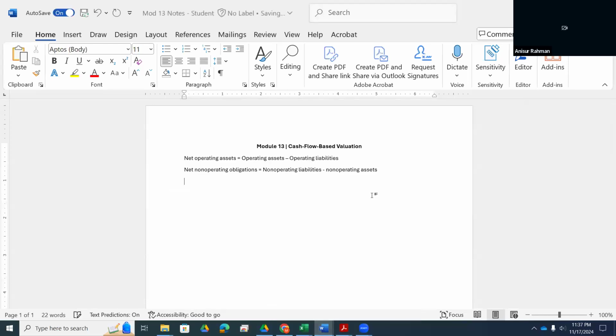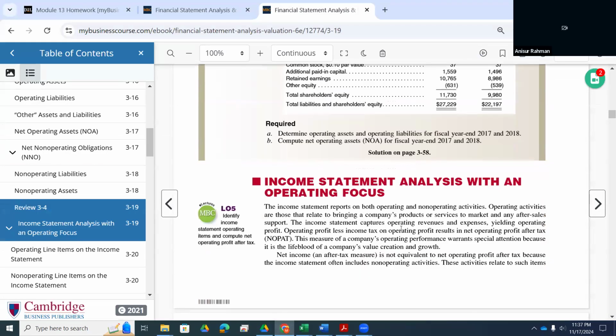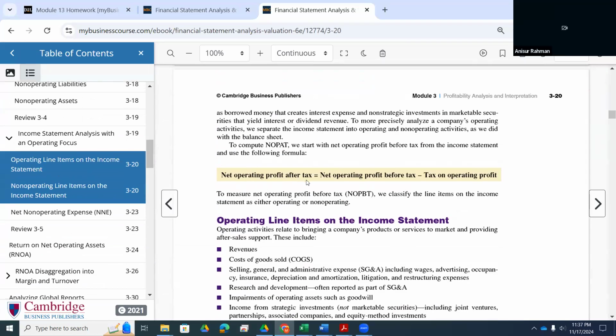So we can calculate NOPAT as net operating profit before taxes, in short NOPBT, minus taxes on operating profit. This is also in module 3. You'll see net operating profit after tax is net operating profit before tax minus tax on operating profit.